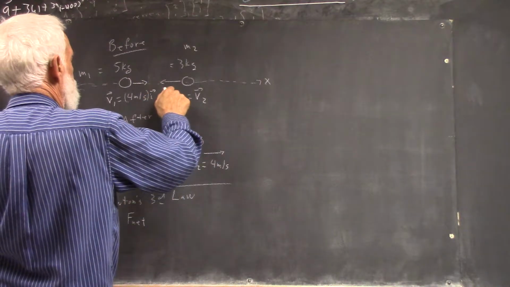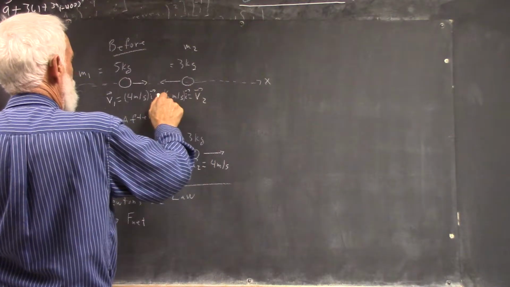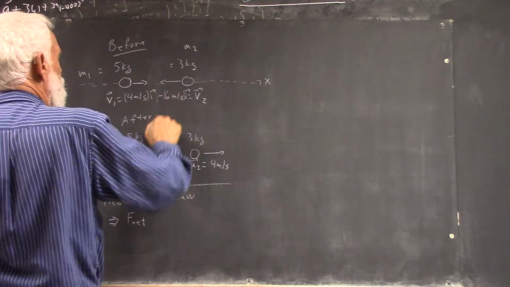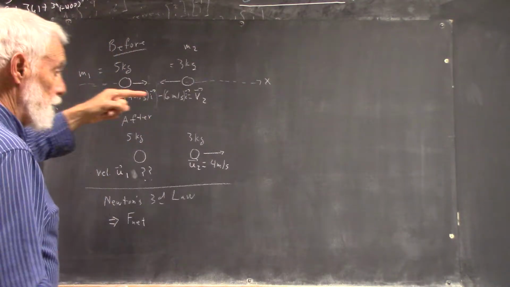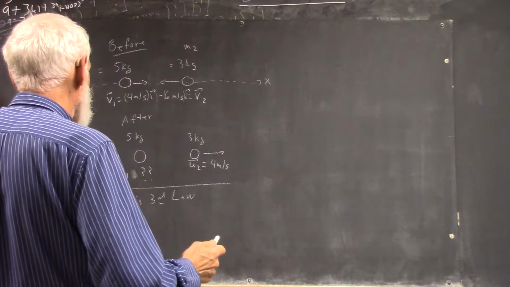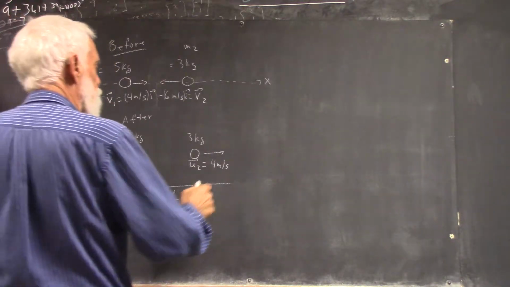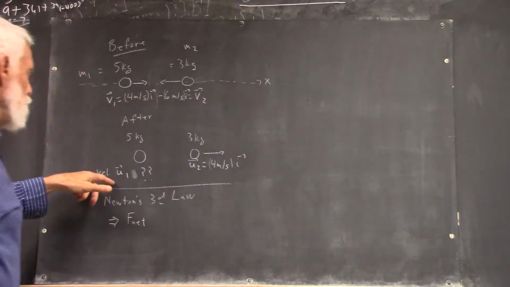And V2 is 6 meters per second times the I vector, except it's negative, because, of course, we're moving in the opposite direction. The I vector is a unit vector in this direction. So there we have it. Okay. After collision, U2 equals 4 meters per second times the I vector. And U1 equals what?